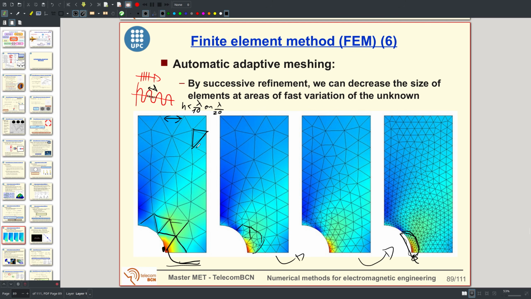So for example, in other engineering fields, like structural dynamics, you can have very large elements in areas where, for example, the stress of the structure is almost constant, and very small elements where there is a very fast variation. In electromagnetic waves, you are limited by the fact that the maximum size of the elements must usually be smaller than lambda over 10 or lambda over 20.